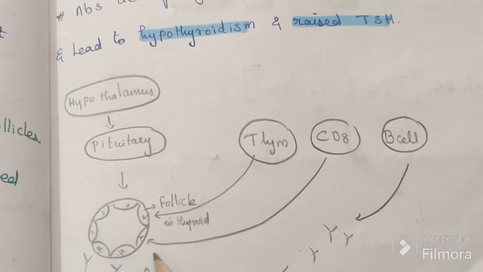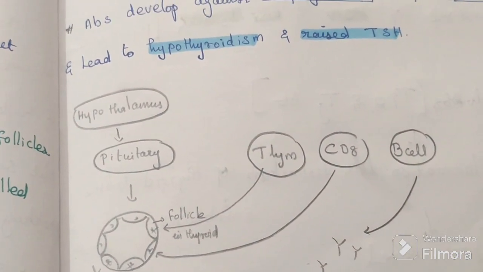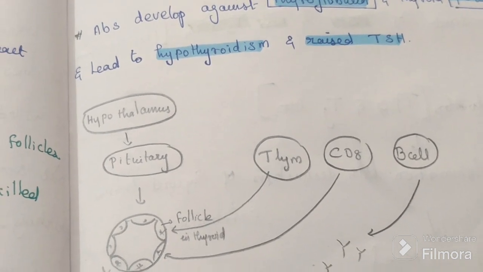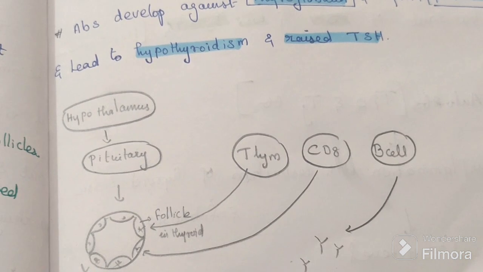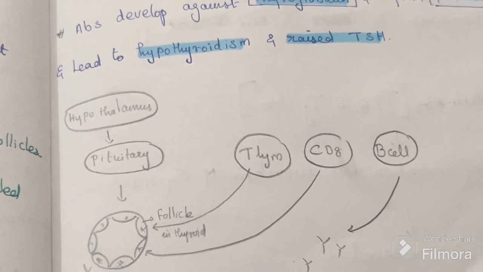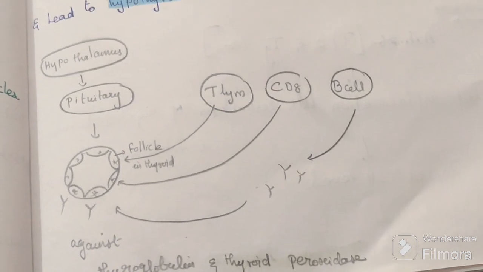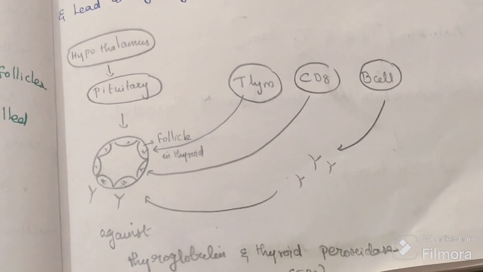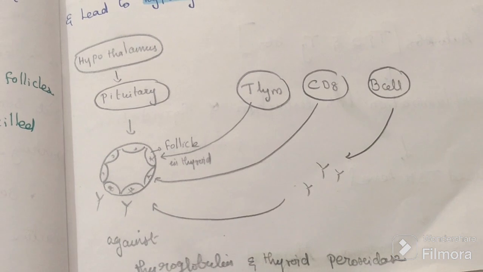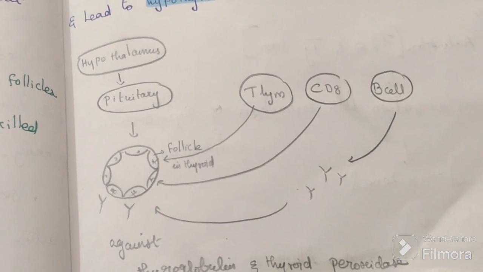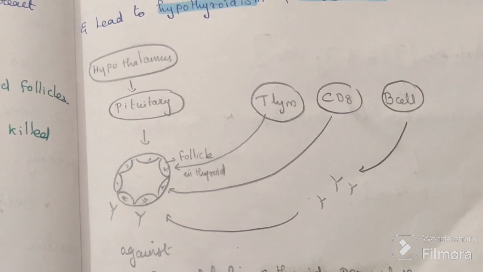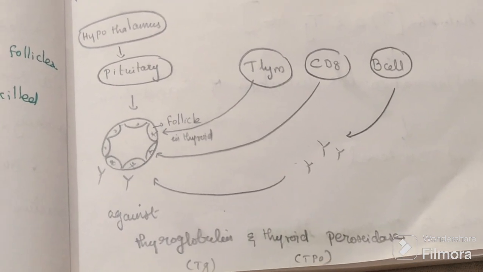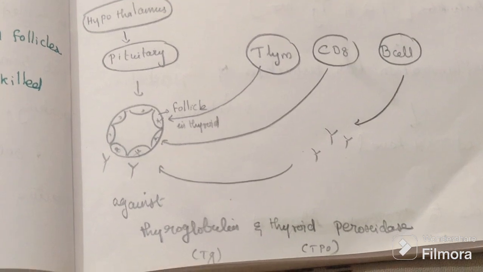Antibodies are formed against these two types of antigen, either against thyroid peroxidase or thyroglobulin. They will cause destruction. So because of destruction, there is less T3 and T4 formation.